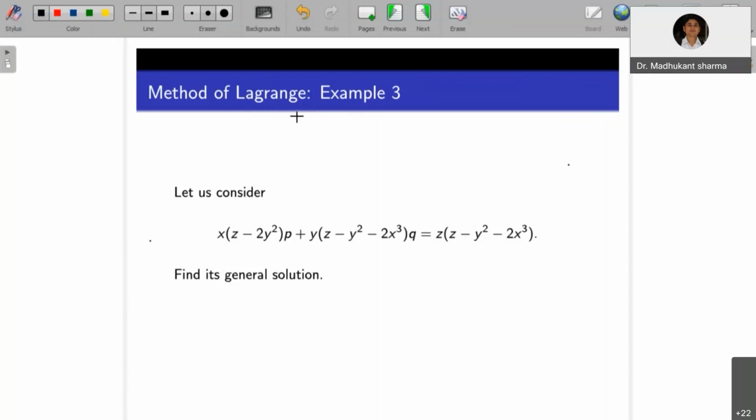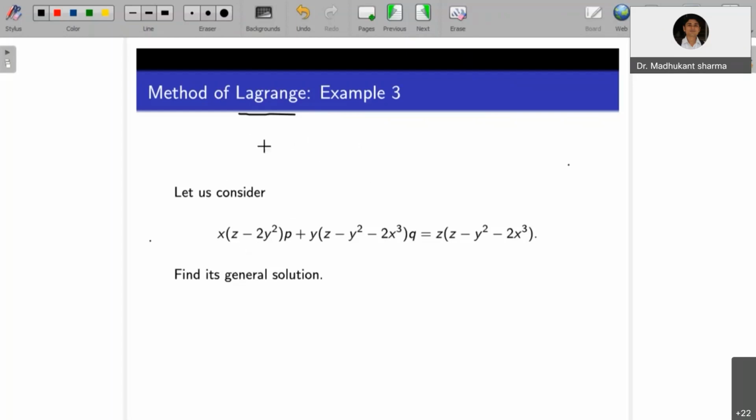Last discussion we were trying to address the method of Lagrange for solving a type of quasi-linear PDEs, first order quasi-linear PDEs.